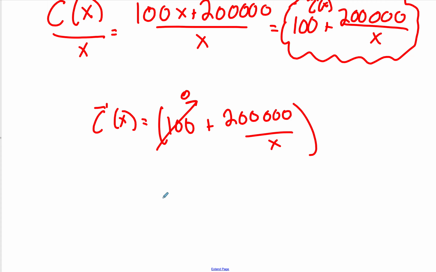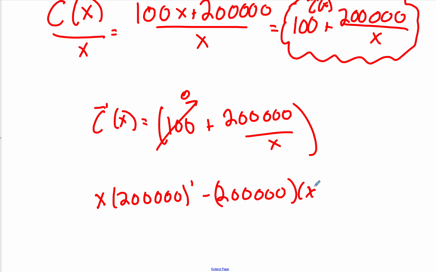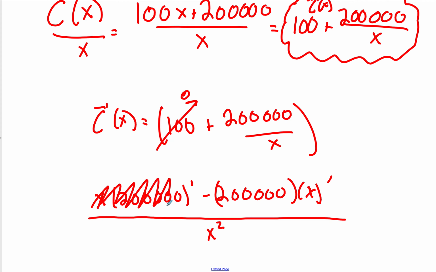And here we could look at this as a quotient rule if we really wanted to. So we could have low d high minus high d low over the bottom squared. In this case, the derivative of 200,000 is 0.